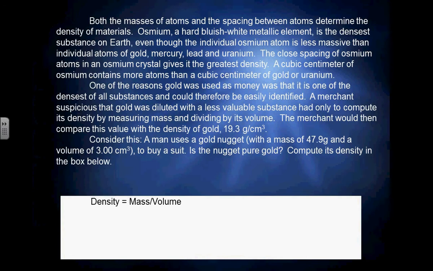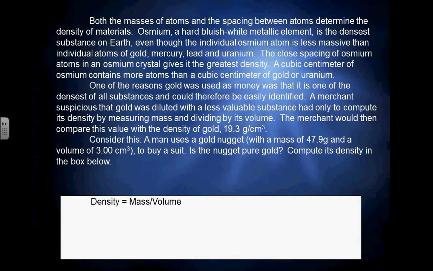Gold is another material that has a pretty high density. In fact, that's one of the reasons why gold was often used as a currency. First off, it's common enough that there's a fair amount of it around, but rare enough that it's not everywhere. The other thing is its density is very high. It's 19.3.